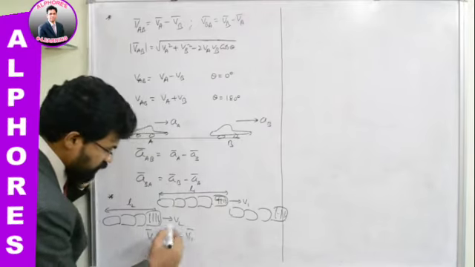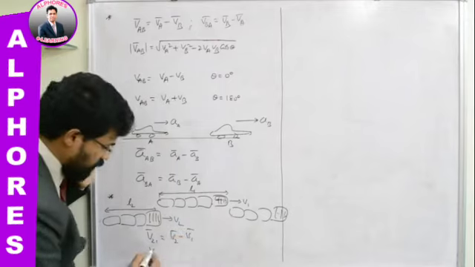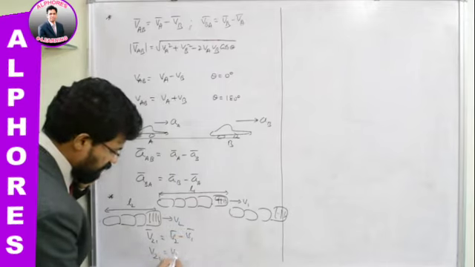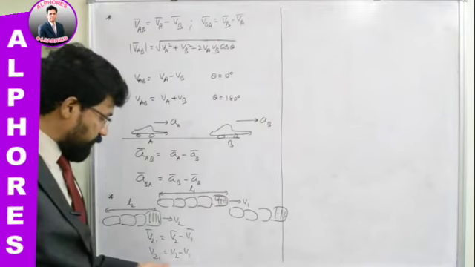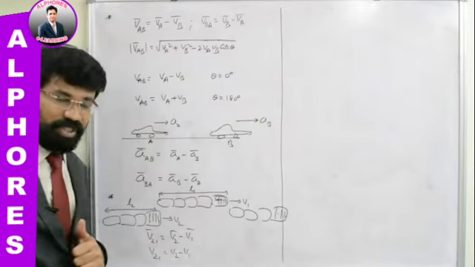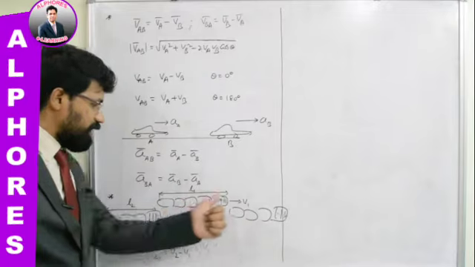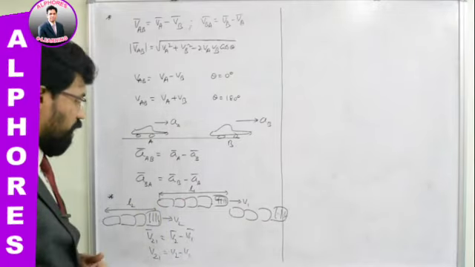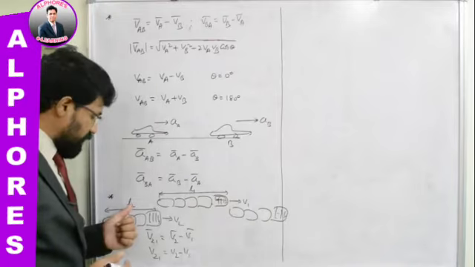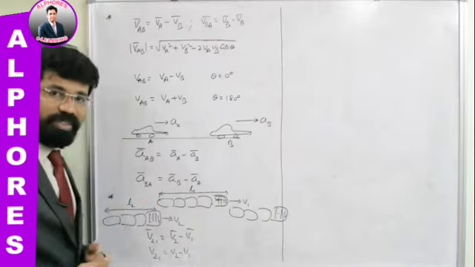In terms of magnitude, since both are along the same direction, theta is 0, so v21 can be written as v2 minus v1, isn't it? So this is the relative velocity of a second train with respect to the first train, and with this relative velocity it overtakes or it crosses the first train, and while crossing the first train, how much is the relative displacement covered? L1 plus L2.